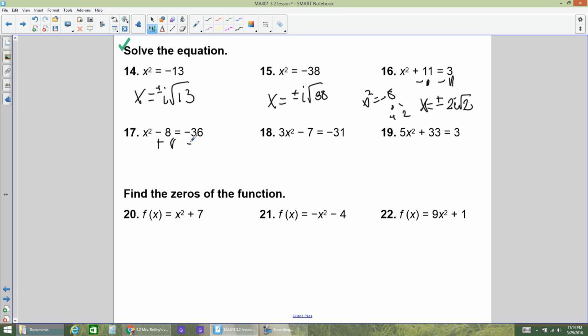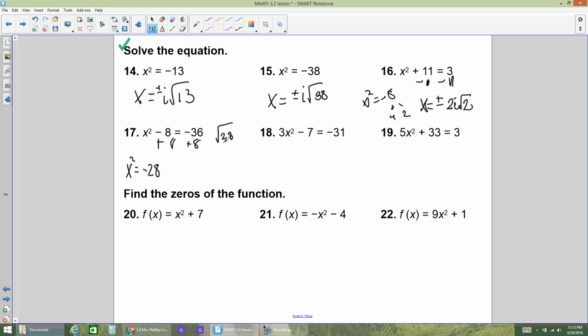Over here, I add the 8 to both sides. So x squared equals, now what's 36 plus 8? It's negative 36, so 36 bad guys, 8 good guys, they go to war, and you should have negative 28. When you go to square root both sides, let's see here, is there a perfect square inside of a 28?